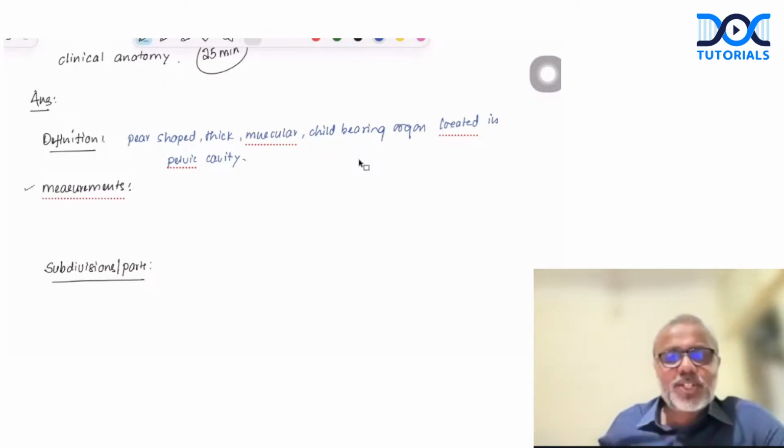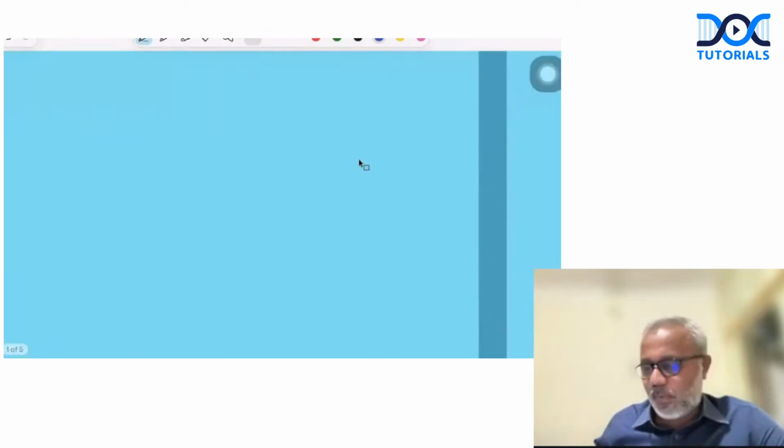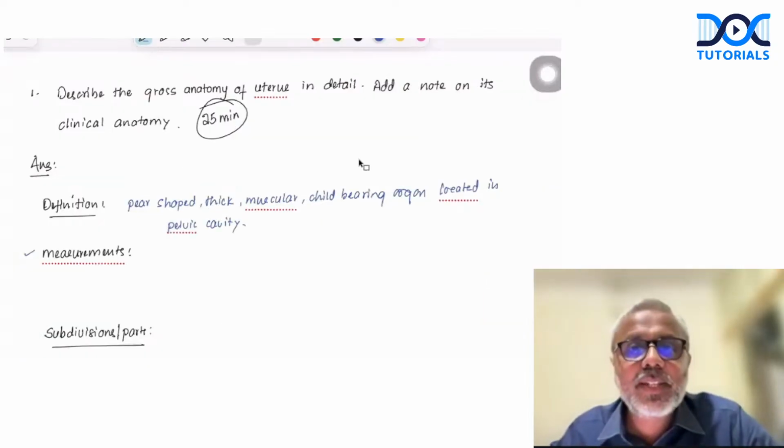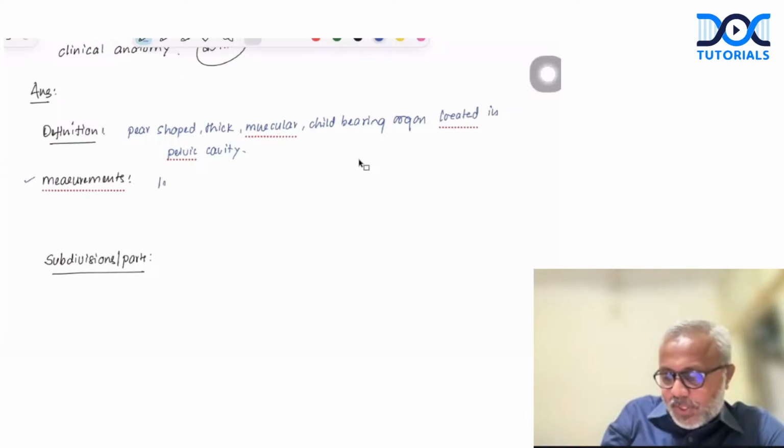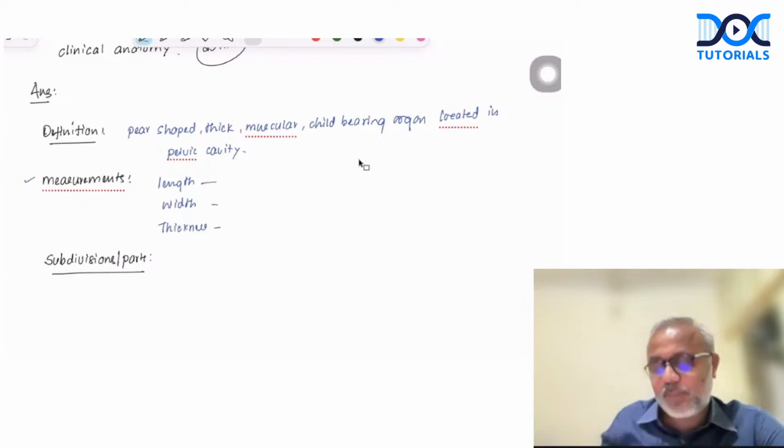Then come to measurements, right? Now, what do we write in the measurements of the uterus? Start with the length of the uterus, then the width, and then the thickness. Okay. Now this is quite easy to remember.